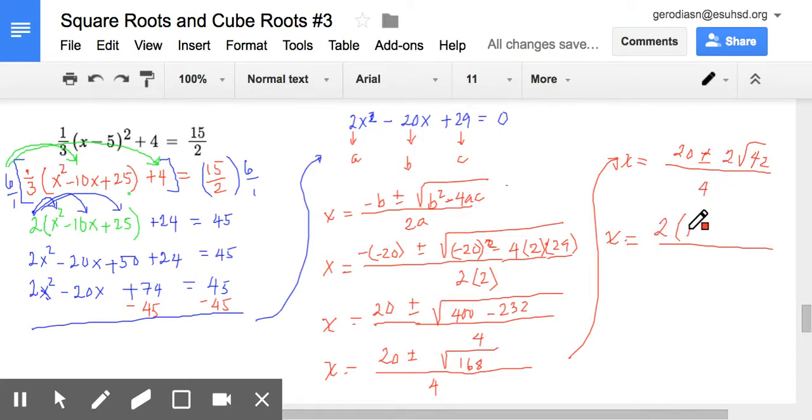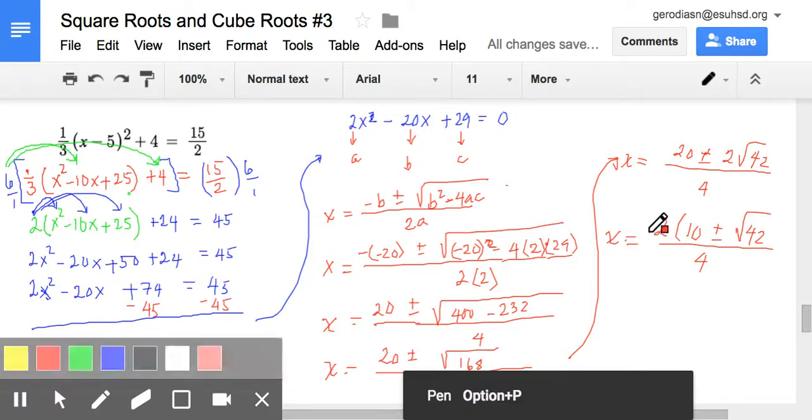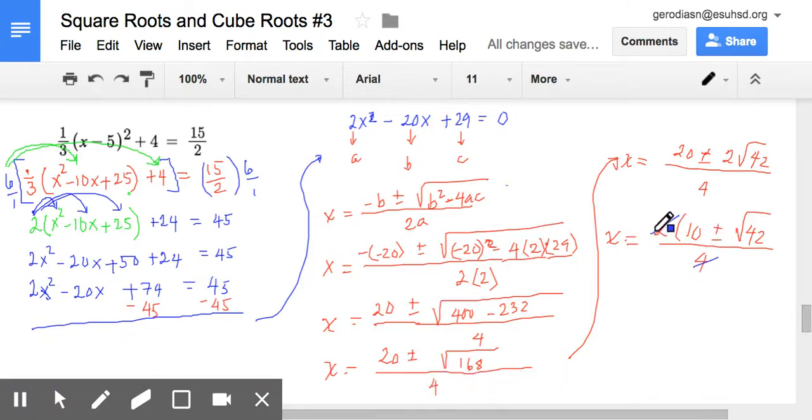So we'll have 2 times, and this is 10 plus or minus square root of 42 all over 4. And then we can cancel a 2 from here. This becomes 1 and this becomes 2. So therefore, our final answer is, we don't have to write this 1, we'll just write 10 plus or minus square root of 42 over 2. This is the final answer.